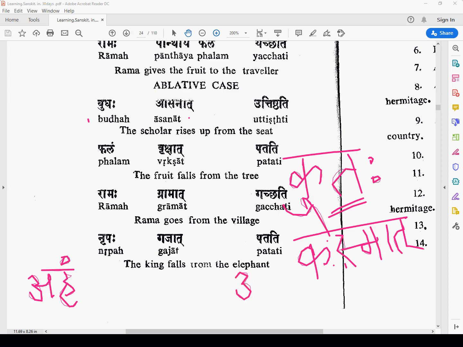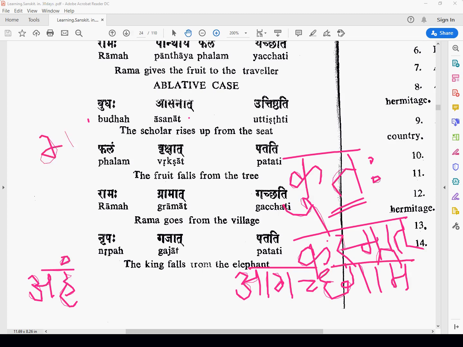Agacchati. Agacchami. Aham agacchami. From home. Gruham is the base word. Now we want to apply the fifth case ending.